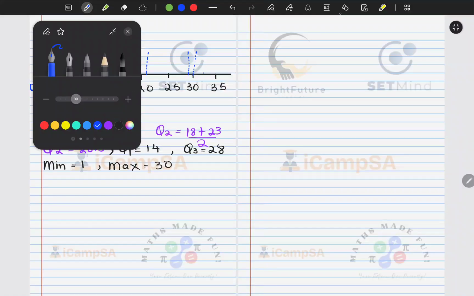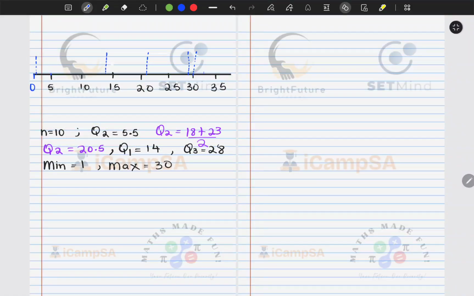Okay, so let's go ahead. You'll see that we're going to have our box being like this. Then we have 1 here. Right.